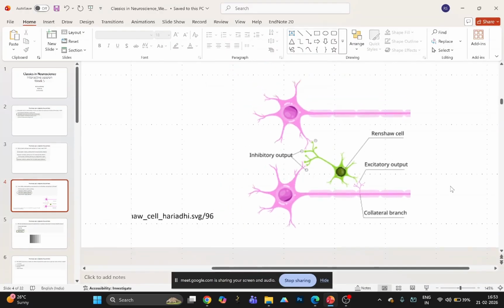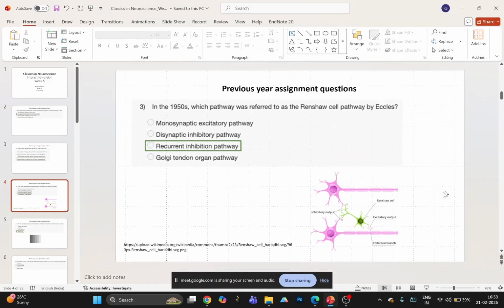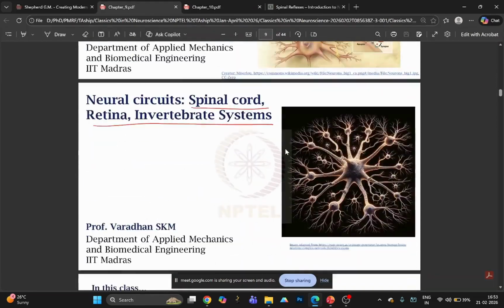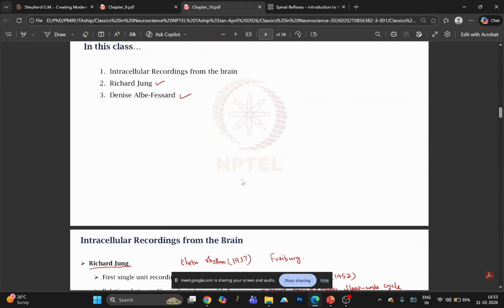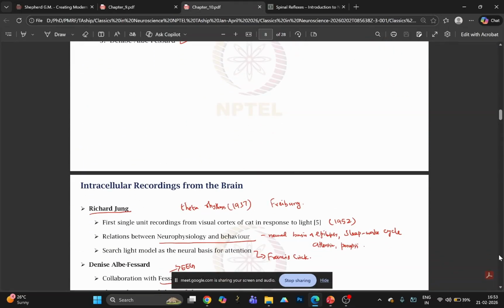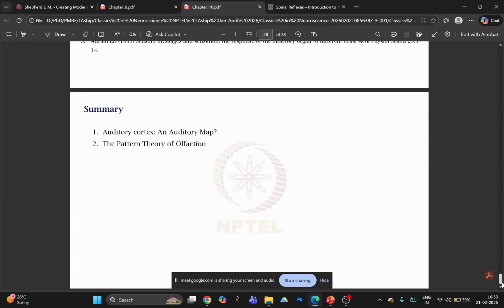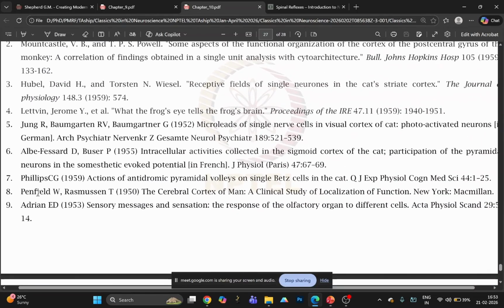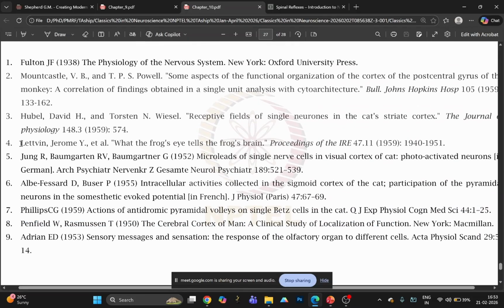So, if no one has any more questions, I will, just a minute. Yeah, these also I would urge you to read. This is the one by Penfield regarding the homunculus, the motor homunculus, and this one by Lettvin is the one we discussed about what the frog's eye tells the frog's brain.